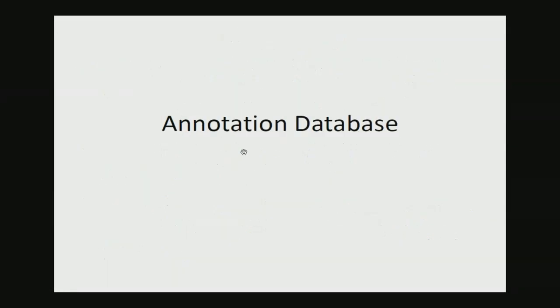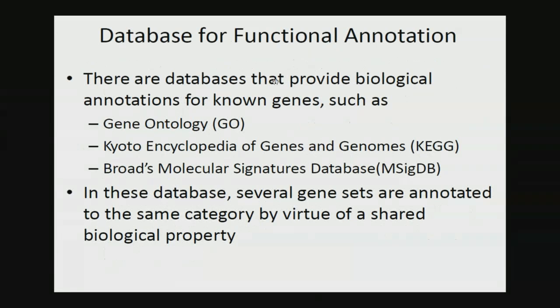Then we should refer to annotation databases for this type of information. There are many different databases for functional annotation. One is Gene Ontology, another one is KEGG, and there is also the Broad's Molecular Signatures database.